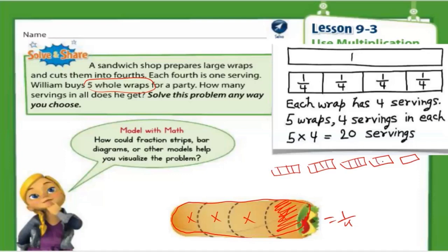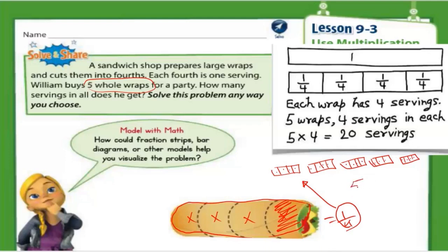If we count the total number of pieces, that means how many fourths are there in 5 wholes, you will get 20. Let's count 1, 2, 3, 4, 5, 6, 7, 8, 9, 10, 11, 12, 13, 14, 15, 16, 17, 18, 19, 20.